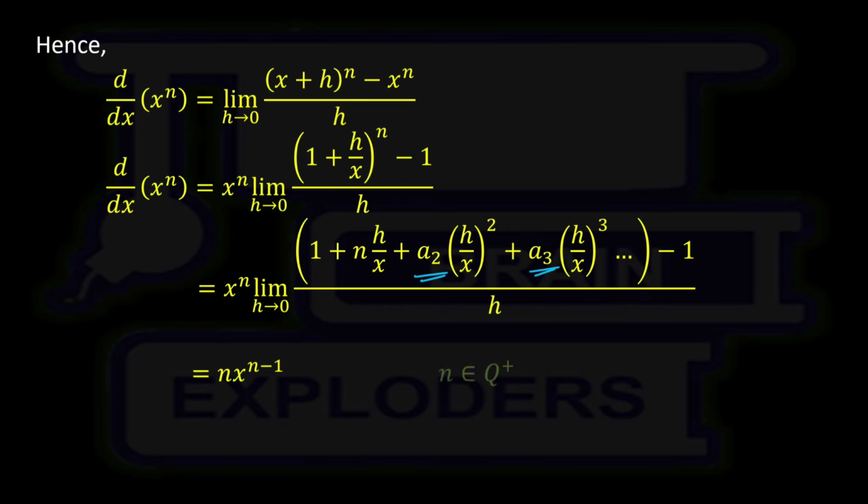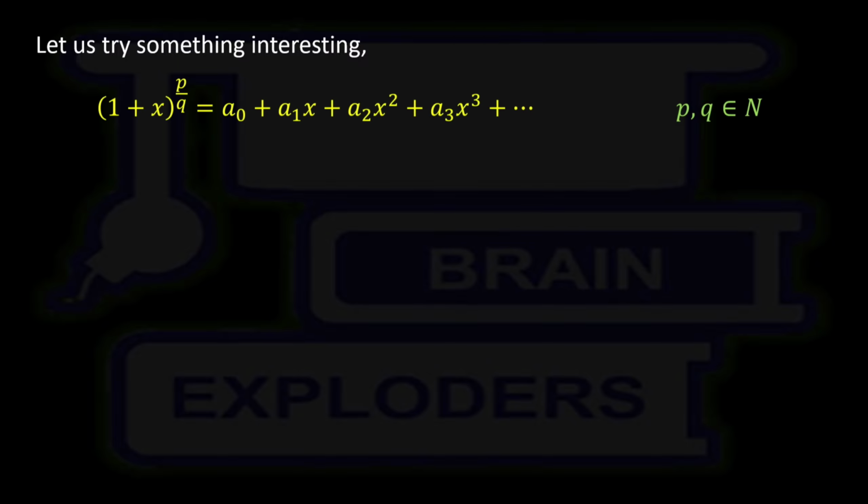And so this formula is true for all positive rational numbers. Now we will extend it to negative rational numbers later. And this was something which was quite straightforward, and straightforward things are boring, right? So let us try something interesting.